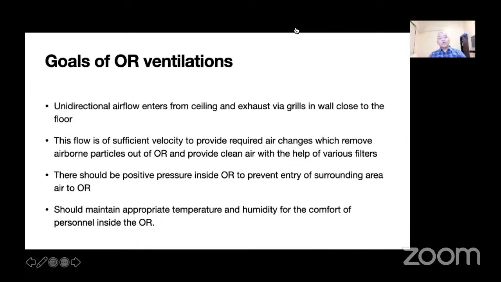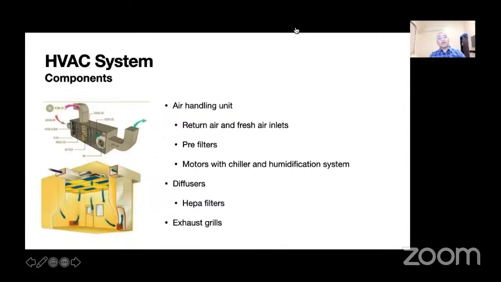This flow has to be of sufficient velocity to provide the required air changes, which remove airborne particles out of the operation room and provide clean air with the help of various filters. There should be positive pressure inside the operation room to prevent entry of surrounding area air into the operation room, and it should also maintain appropriate temperature and humidity for the comfort of the operating room personnel inside the operation theater.